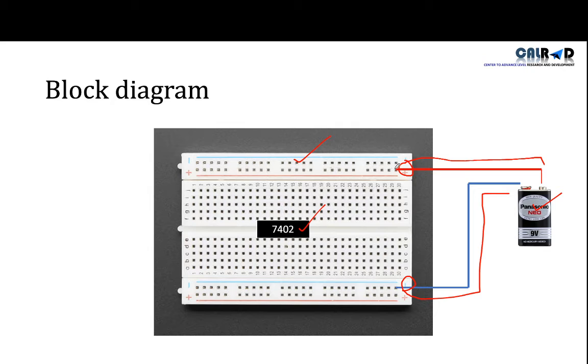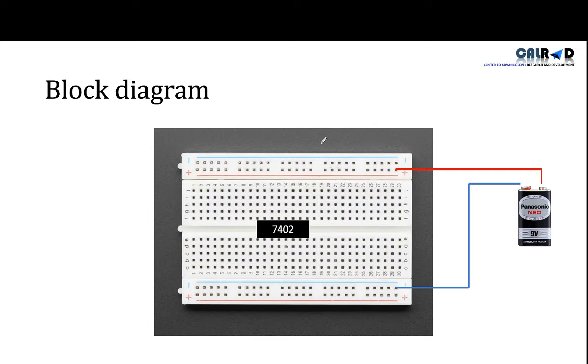So this whole row will be acting as a positive line, and this will be acting as a negative line. This means if we connect any of these holes with this, it will act as negative, but if we connect any of these with the other, then it will all perform positive.